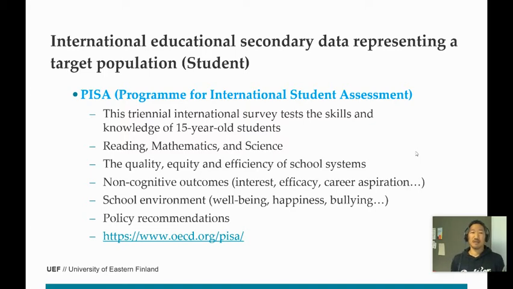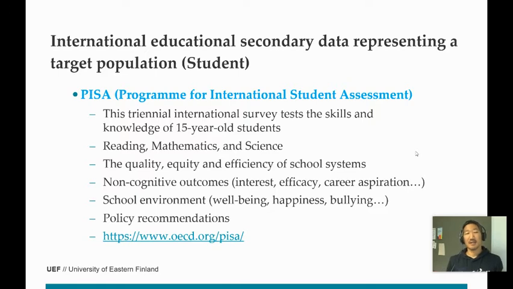PISA is a triennial international survey conducted every 3 years, and the target sample is 15-year-old students who are completing their lower secondary or middle school degree, let's say, and they measure their achievement in reading, mathematics, and science.